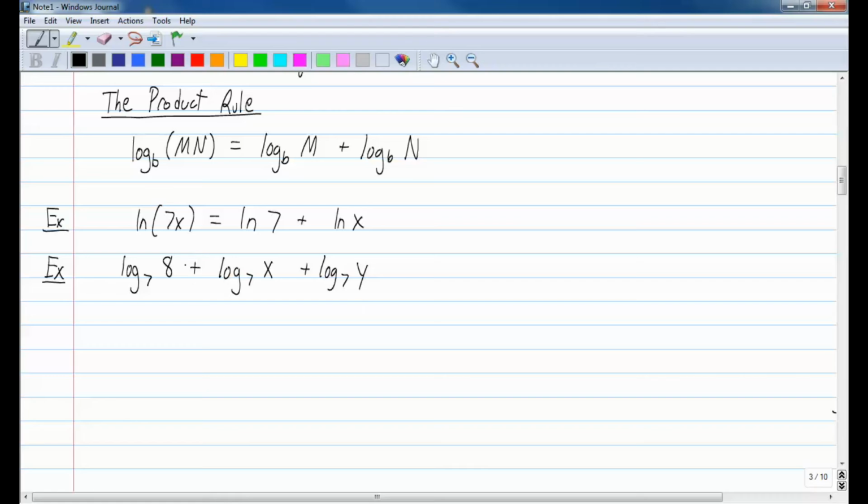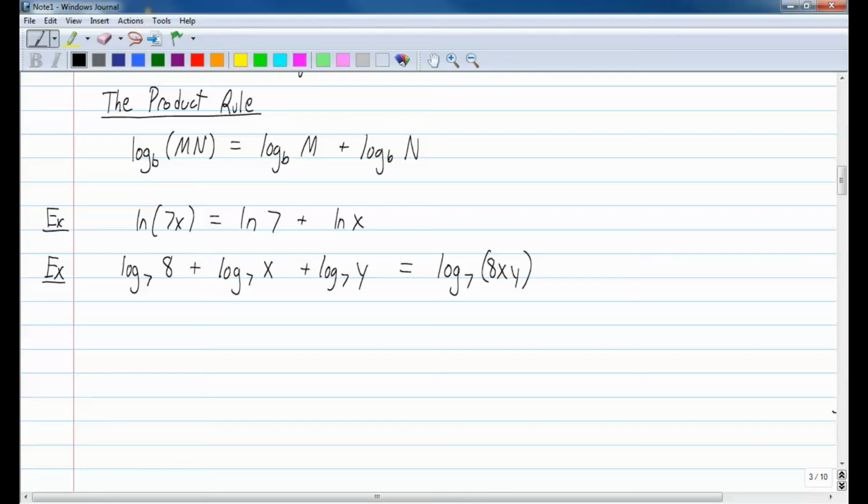Anytime you have a plus between two logarithms, as long as their base is the same, you can multiply what you're evaluating the logarithms at. And it doesn't just work for two terms, it'll work for more terms. Every one that has a plus in front of it, you can multiply all these things and write them as one logarithm. So this is log base 7 of 8 times x times y.